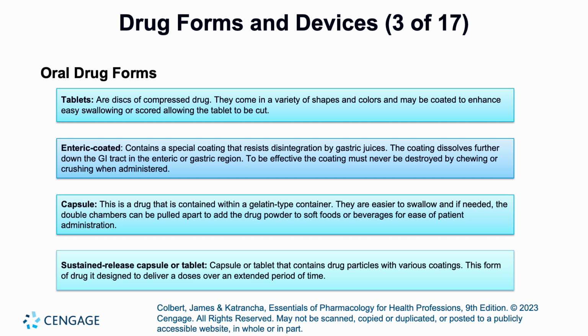Enteric coated tablets contain a special coating that resists disintegration by gastric juices. So the coating dissolves further down in the GI tract, and to be effective, the coating must never be destroyed by chewing or crushing when administered. Essentially, in order for these medications to get the best absorption, they have to go through the stomach and be digested and metabolized later on in the GI tract.